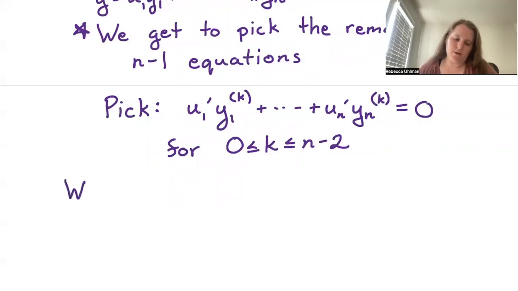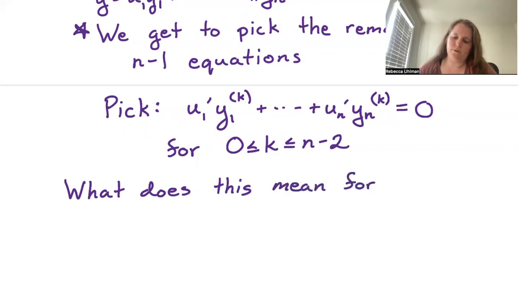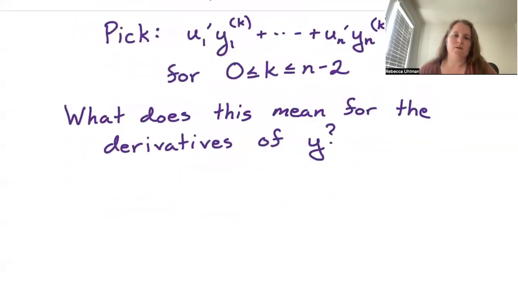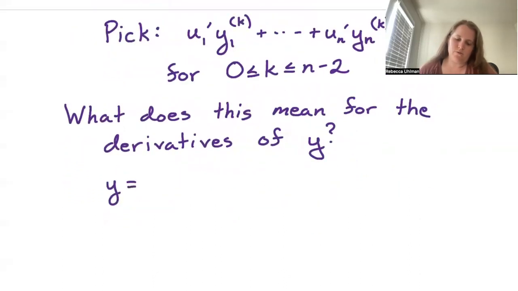So what does this mean? For the derivatives of y, y itself will just be u1 y1 plus all the way up through un yn.